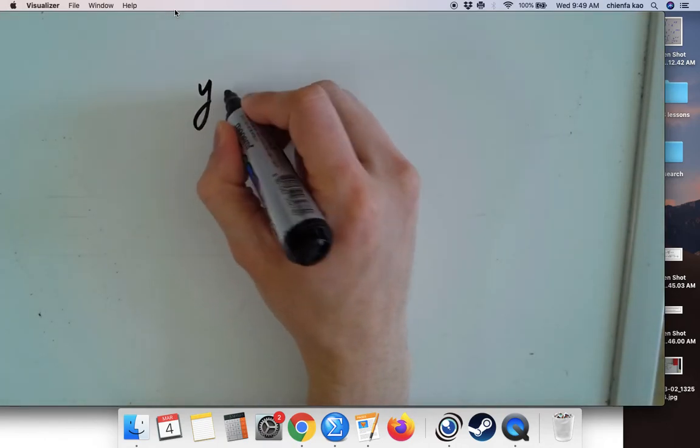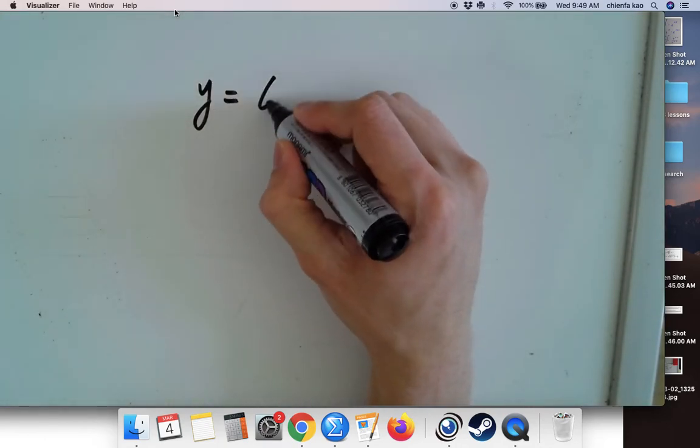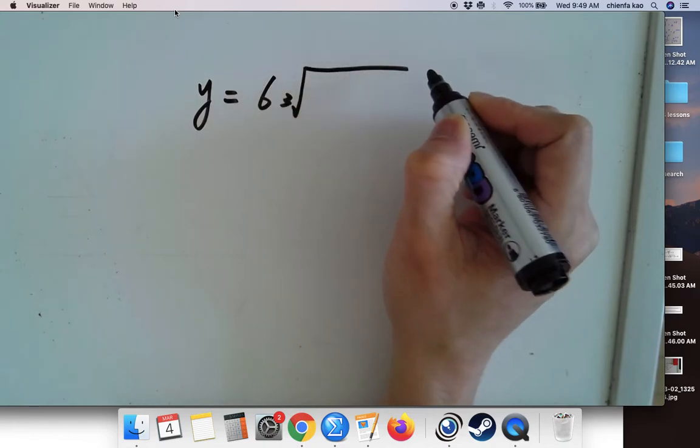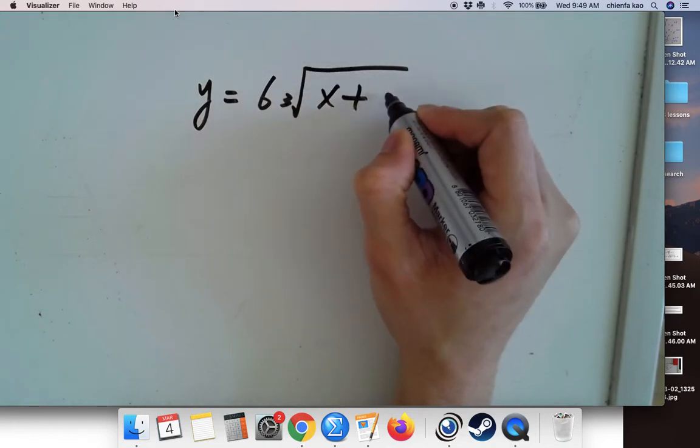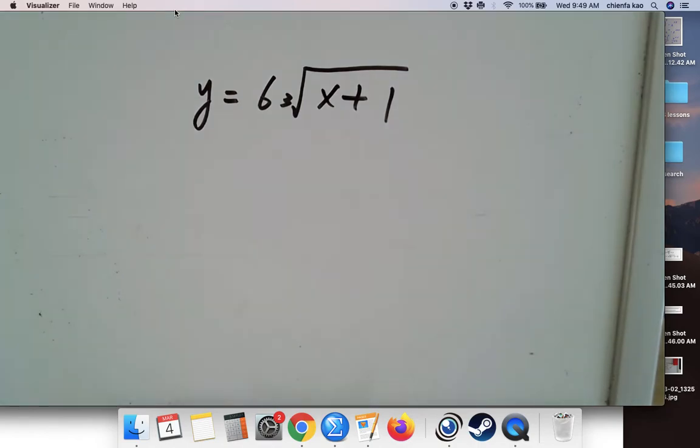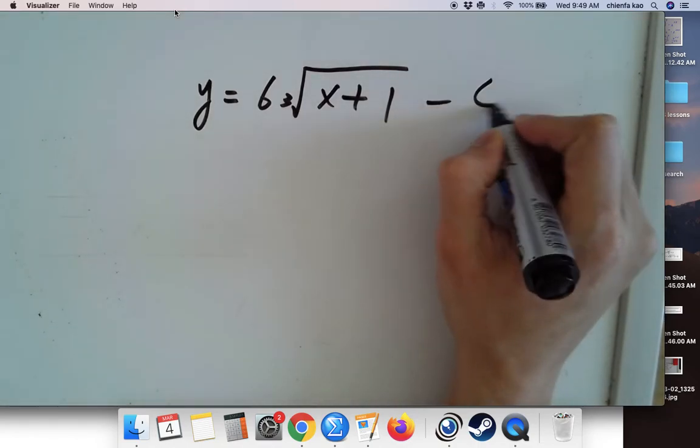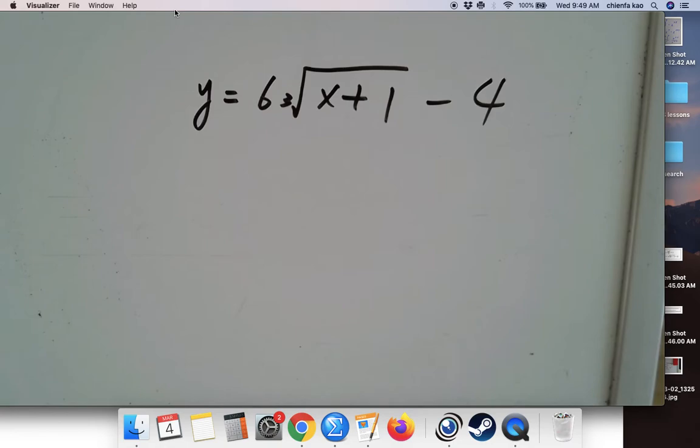Let's do y equals, let's just say, 6 cubic root of x plus 1, and minus 4. Why not? Okay, pause the video, graph it now roughly from the parent function. Go.